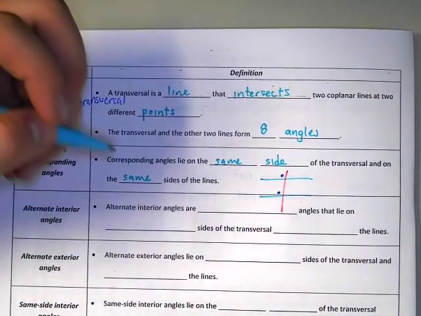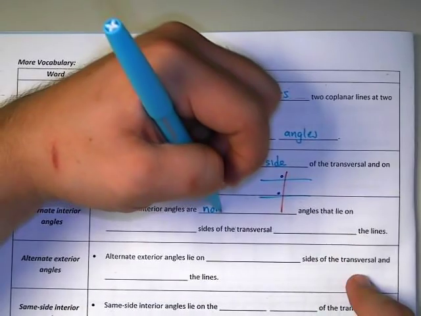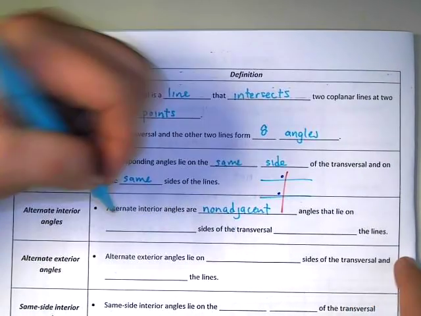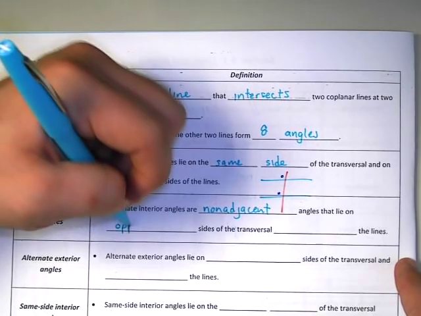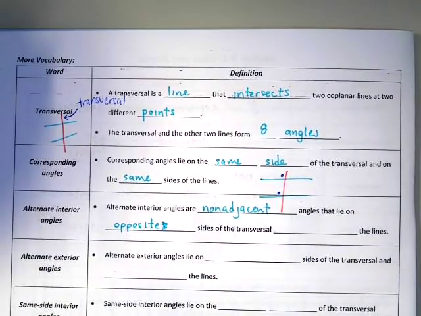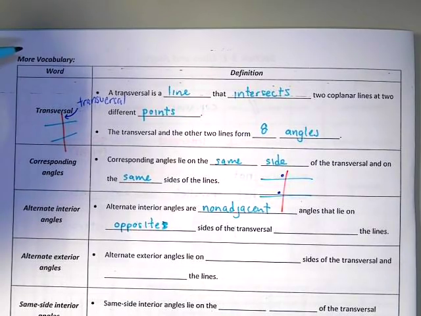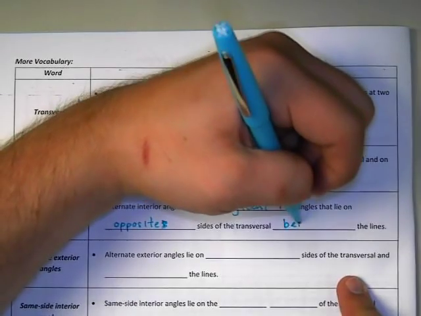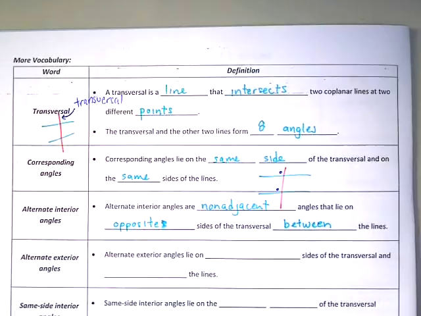Now, alternate interior angles are non-adjacent, so they cannot be touching, very important. They lie on opposite sides of the transversal, and they always lie between the lines.